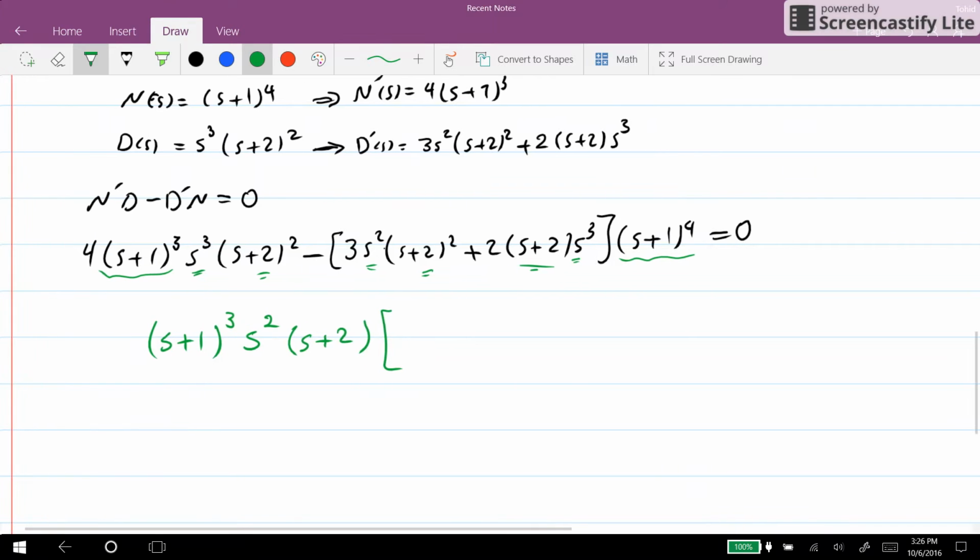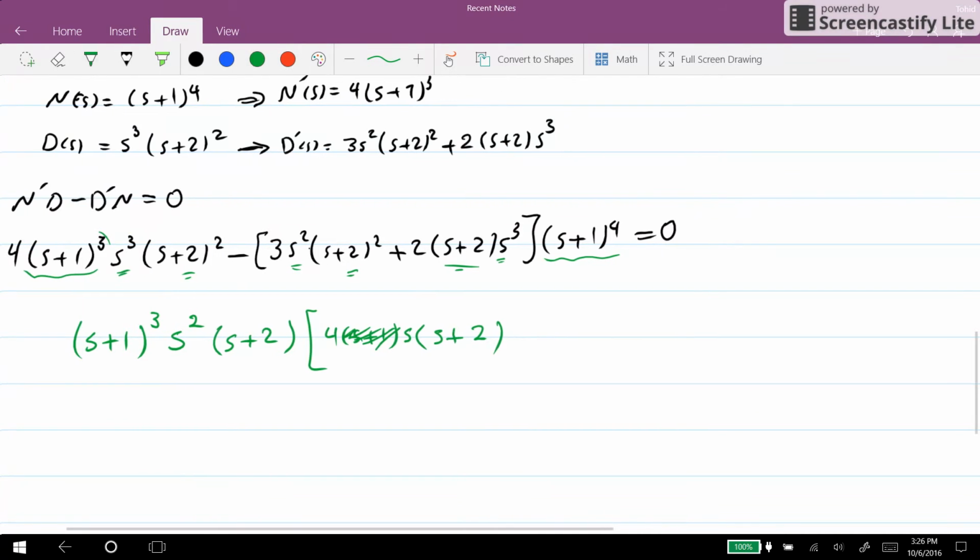And then let's see what is left here. We will have 4 times (s plus 1) times s times (s plus 2). Oh, no, we don't have s plus 1 anymore because we have the power of 3 here, okay? So this is not there. We have 4 times (s plus 2) minus, what do we have here? s squared is out.